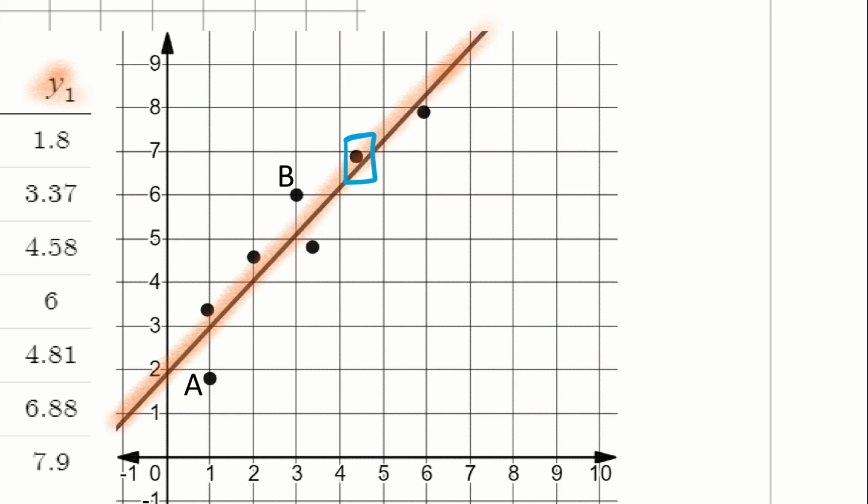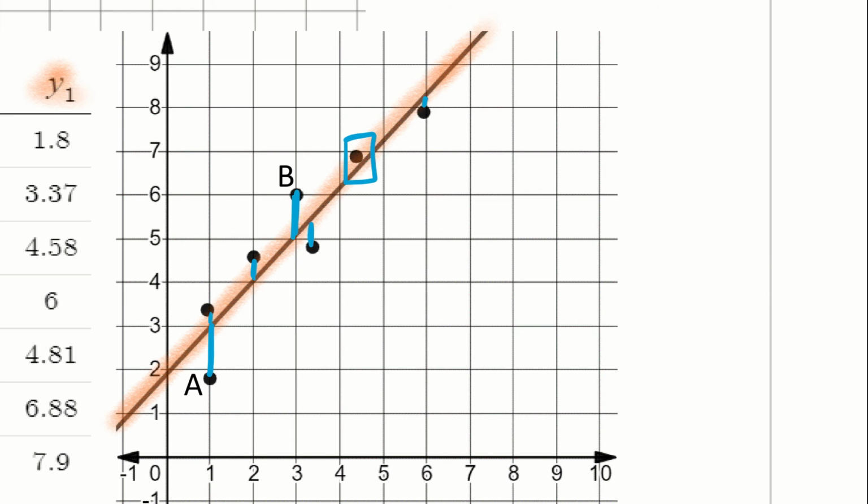And these errors have a name, right? The error is the difference between what the model predicts and what the data point actually is. And you can see all of them have them, and each of these errors are called residuals, right?